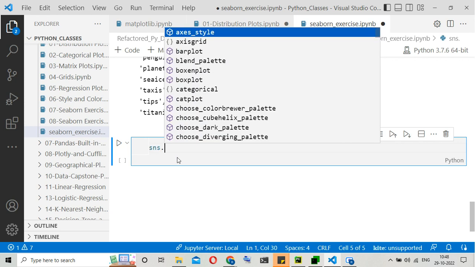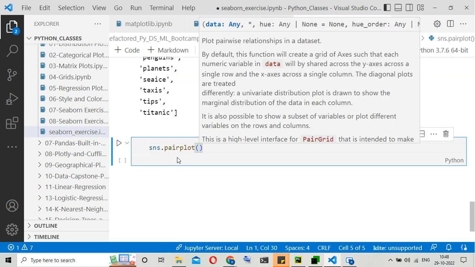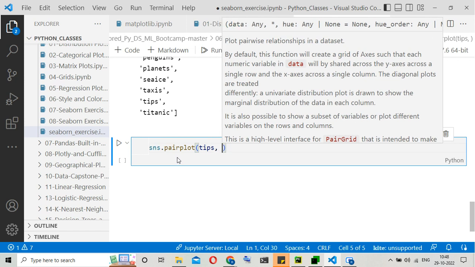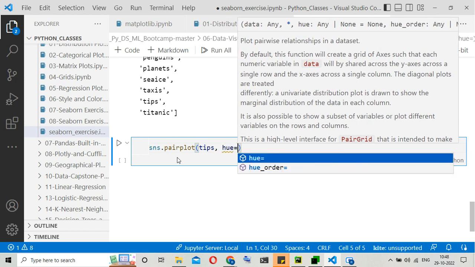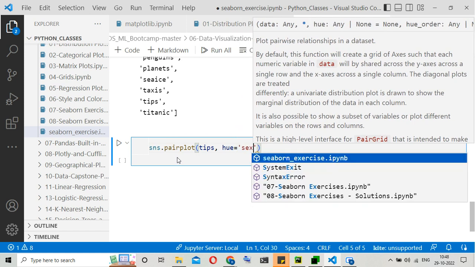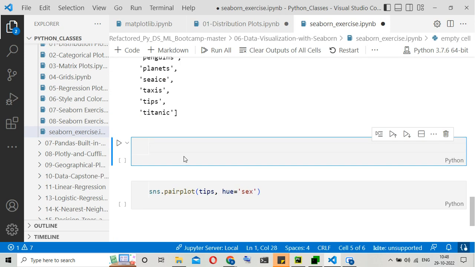So sns.pairplot is there, one that is very prevalent to use. Before going to plot, we should check what data we got, as I explained just now.